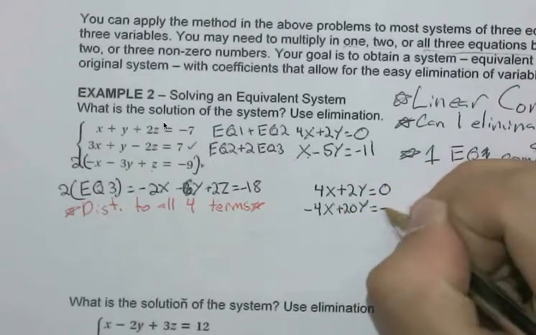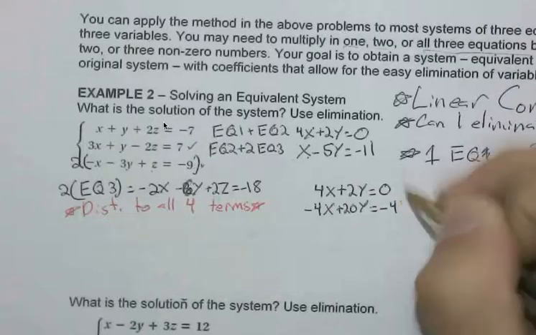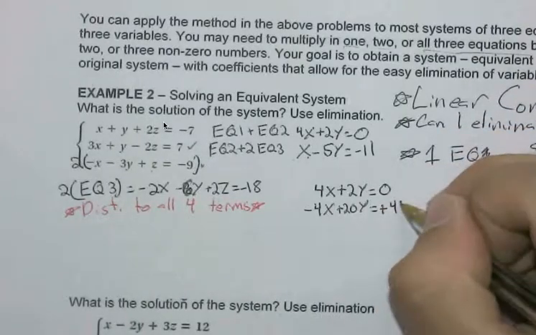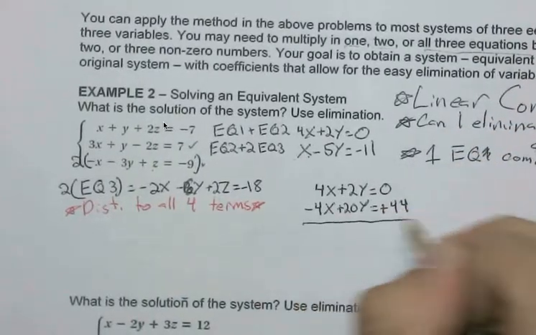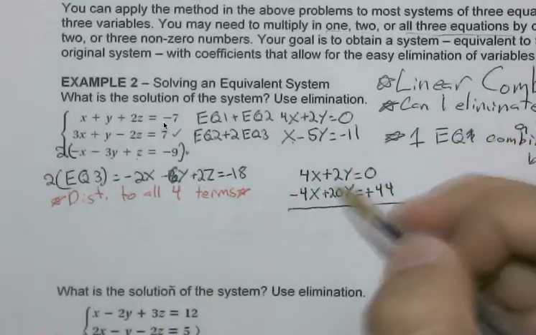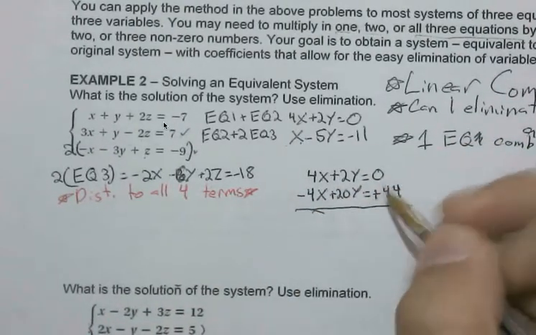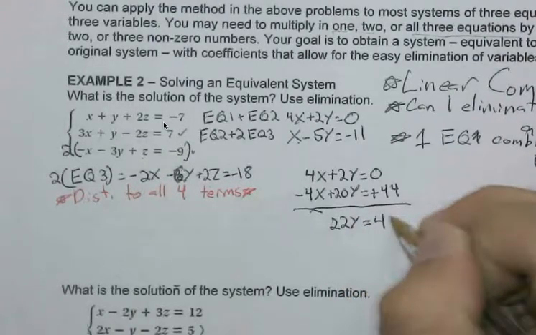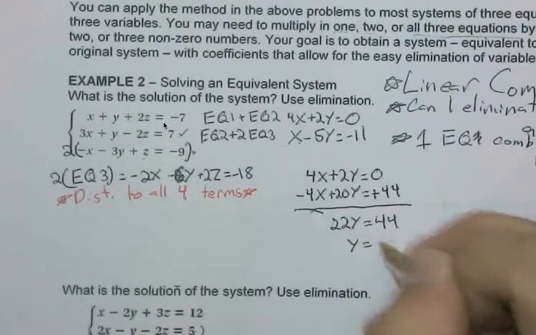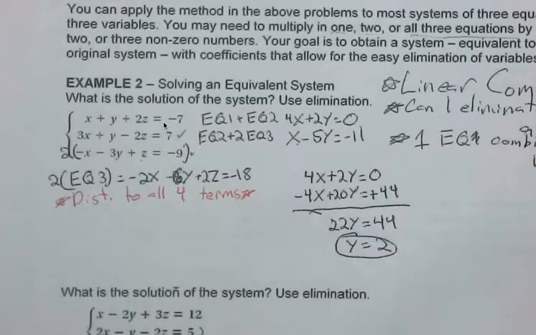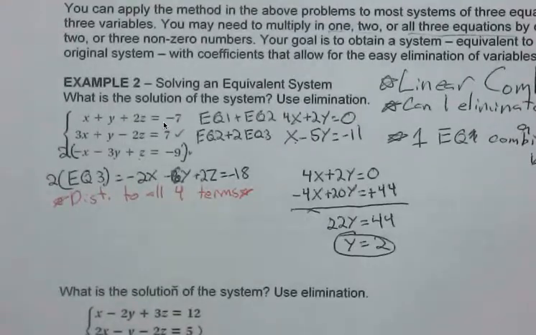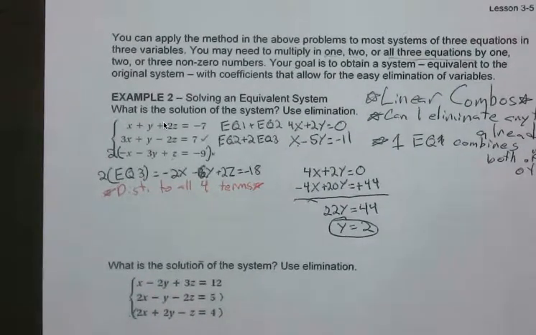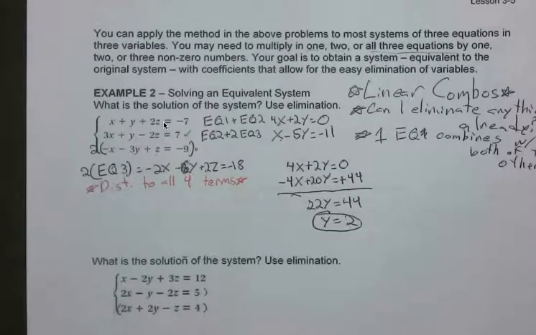This now equals -44. Sorry, positive 44. We combine from here, 2y, 20y is all we're left with because x cancels. We have 22y equals 44. y equals 2. So that part's done. We only had to modify one equation here, so we're pretty lucky about that.